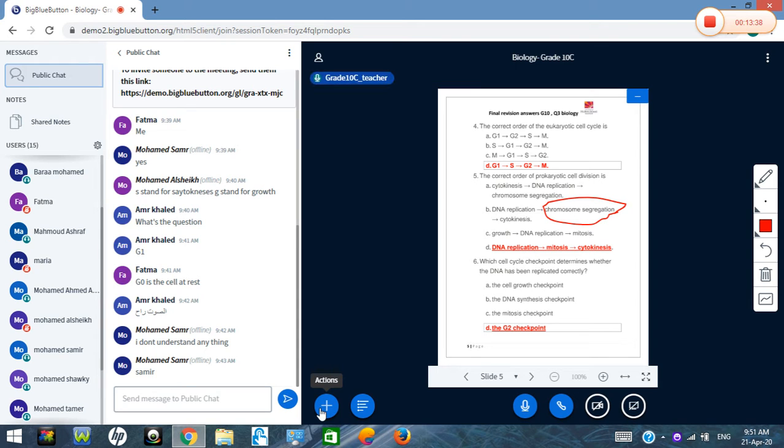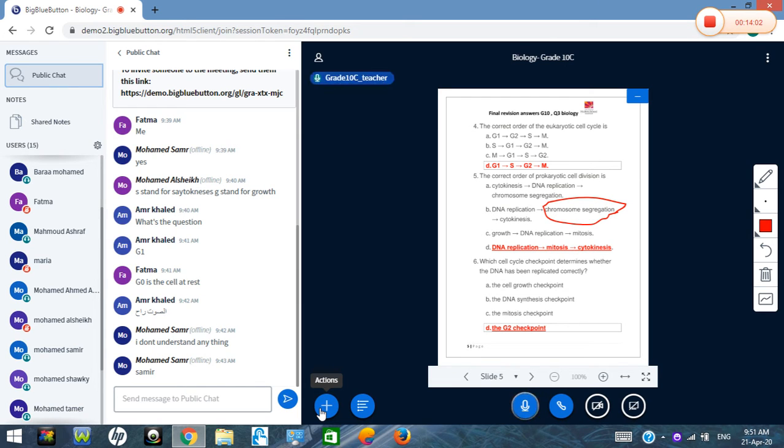Above the nucleus of the cell, there are two centrioles. The main function of the centrosome, or the two centrioles, as we studied in the first quarter, is formation of spindle fibers. Okay?